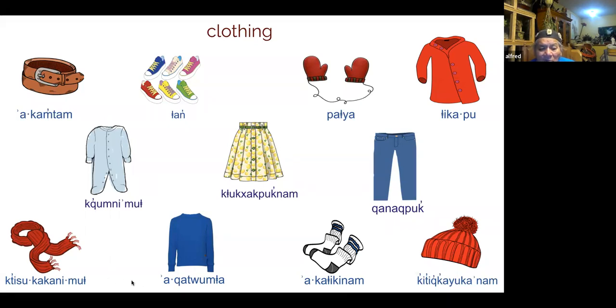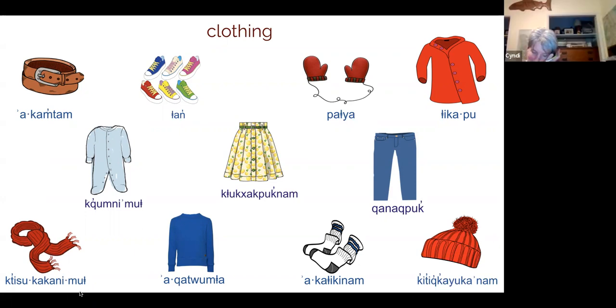So we've got two moch words, omne moch, which is pajamas. And we've got the tam ending for belt, the nam ending for skirt, sock, and toque.